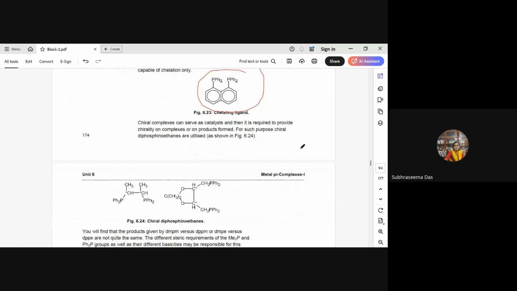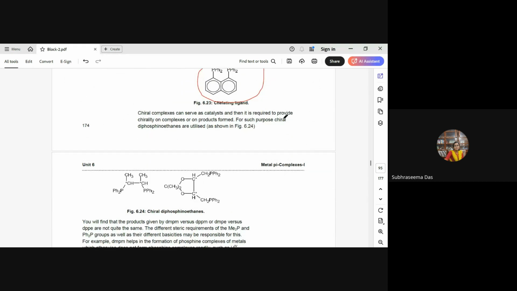Chiral complexes can also serve as catalysts, and then it is required to provide chirality on the complexes or products formed. For such purpose, chiral diphosphinoethanes are utilized, the one that is shown in figure 6.24.